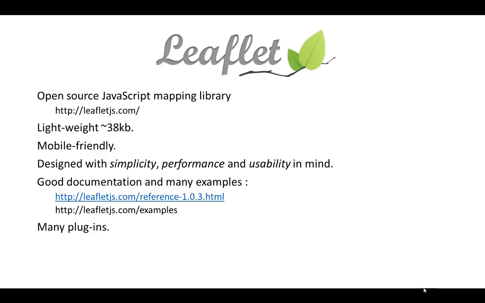It's lightweight, which means it loads up quickly and leads to responsive web maps. For example, we've got approximately 38 kilobytes. The OpenLayers API is up to 1 megabyte, so significantly larger, so much slower to load up.